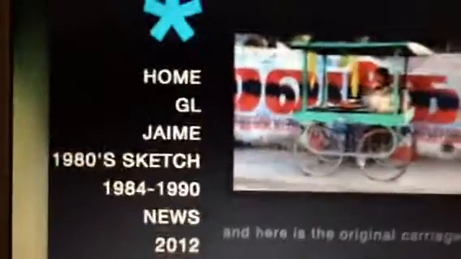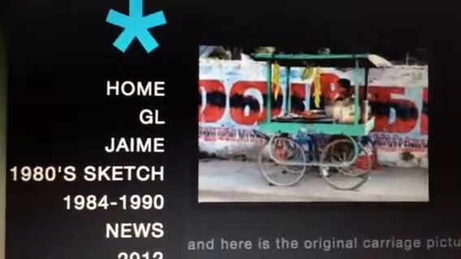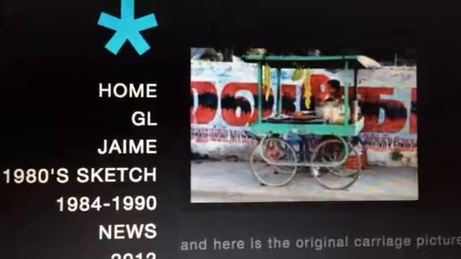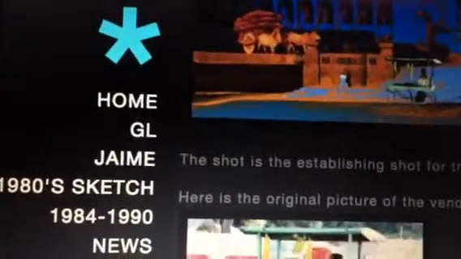But this was the original cart that I found online. So I wanted that vendor in my picture. And there they are. There's the vendor in my establishment shot.